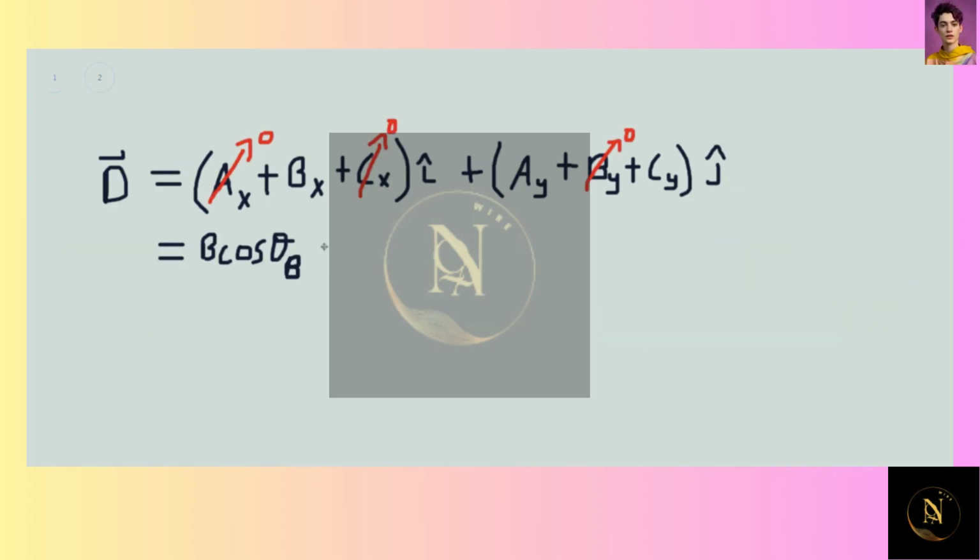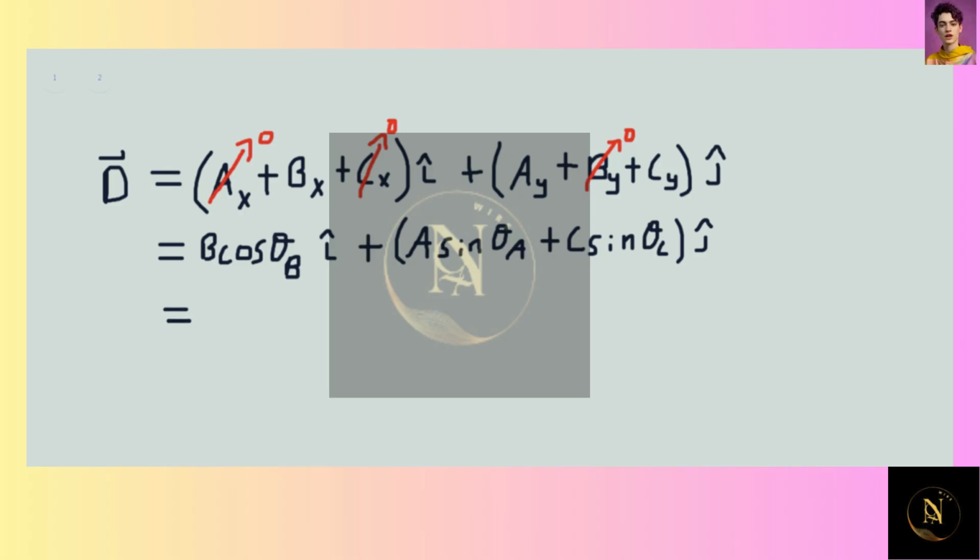But let's go ahead and be explicit and write it out like that, because if it was a different angle that wasn't a nice angle of 0, 90, 180, 270, there would be a little more nuance there. So let's make sure we're accounting for that. So then A of y would be A times the sine of the angle theta A. And C of y is just going to be C times the sine of the angle theta C. And those are our j hat components, or our y components of D, the displacement vector.